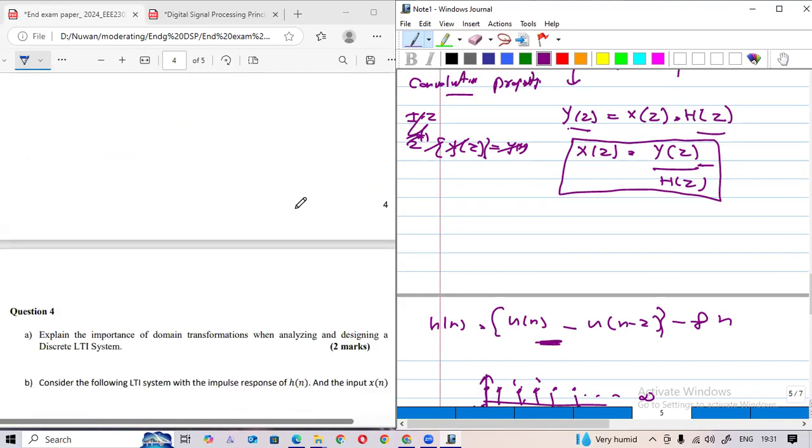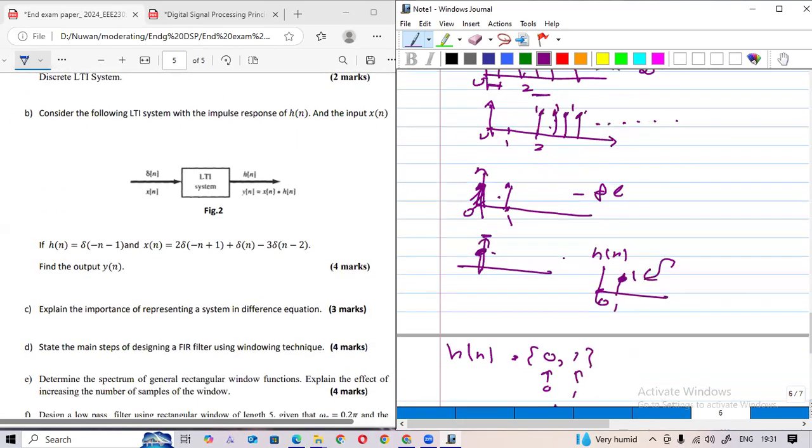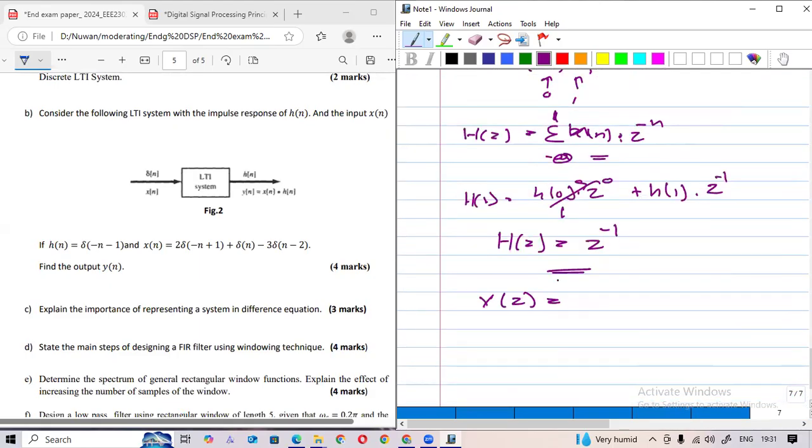So X(z) will be the expression written here, in this way you can write.